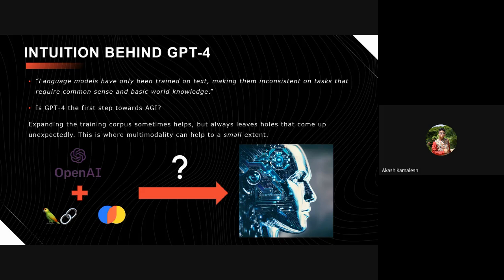Let's start with the intuition behind GPT-4, because GPT-3 and 3.5 were already large language models and they were pretty big compared to other models in the world. One of the main reasons they began research into creating such a model is that language models have only been trained on text, which makes them inconsistent on tasks which require common sense and basic world knowledge.